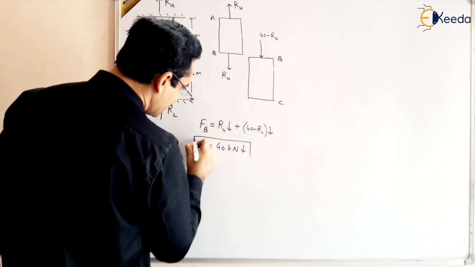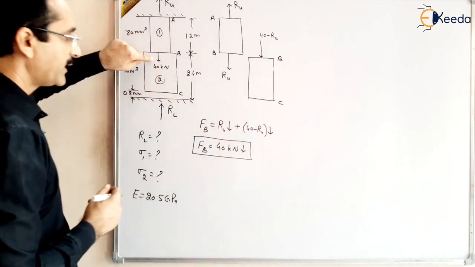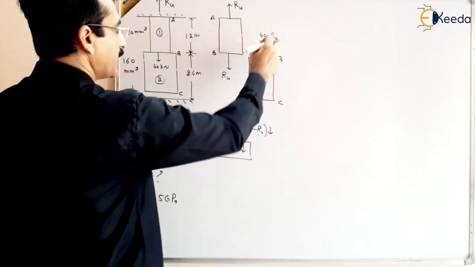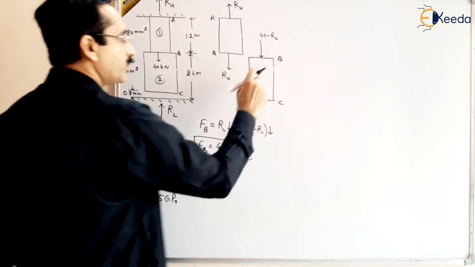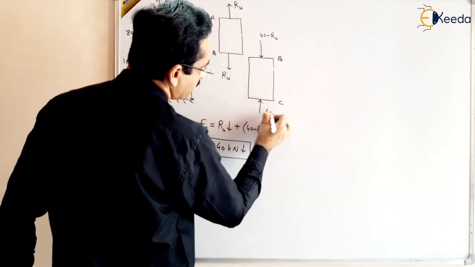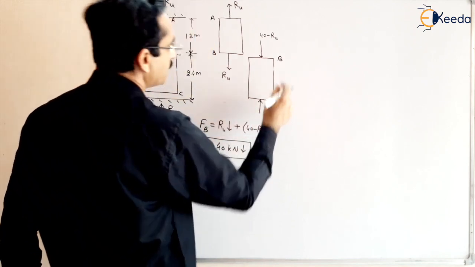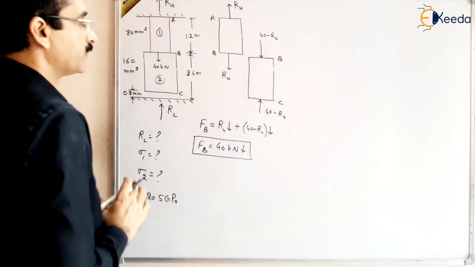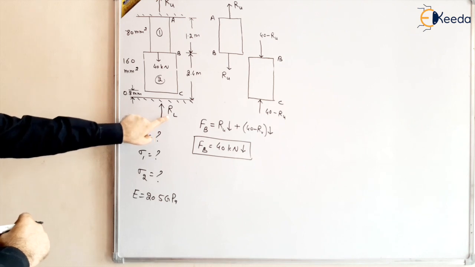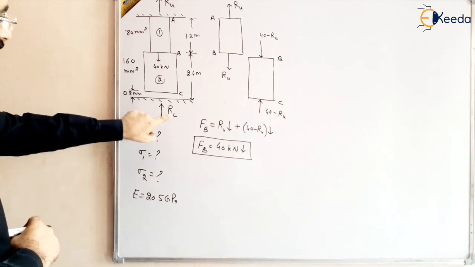So this is the total force we have applied actually, right? So this is correct. It means we have applied 40 minus RU downward. And for static equilibrium, there must be some force 40 minus RU upward, so that the body should be in static equilibrium, right? So at the lower part, the reaction is RL.